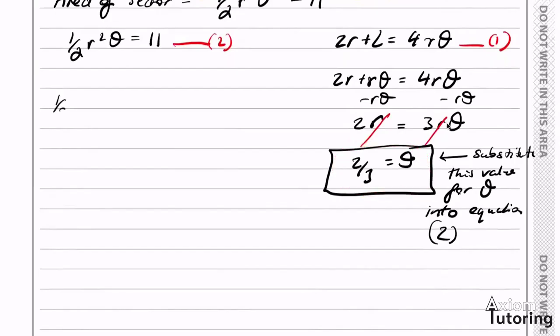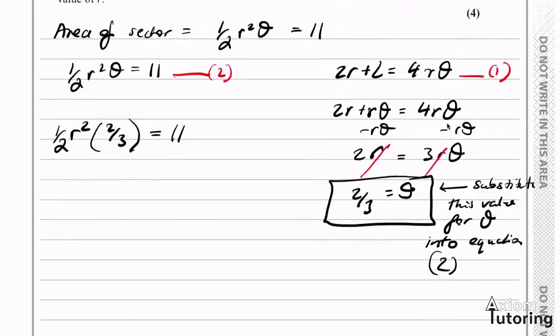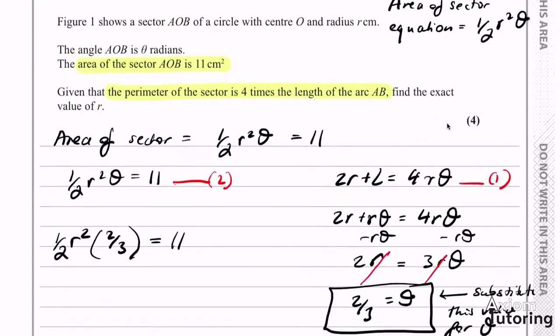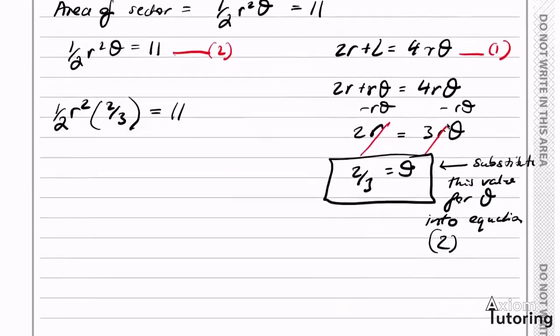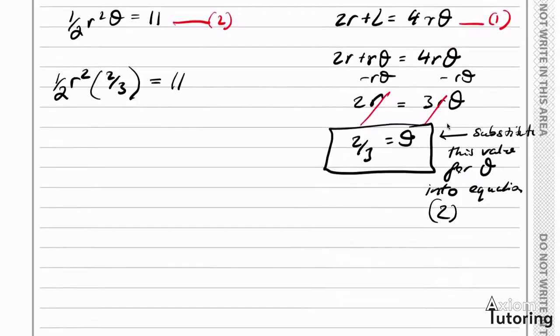So we can rewrite this as half R squared, theta is 2 over 3, equals 11. And remember what we're trying to do. We're trying to find an exact value of R. So now let's solve for R. We just need to simplify a little bit here.